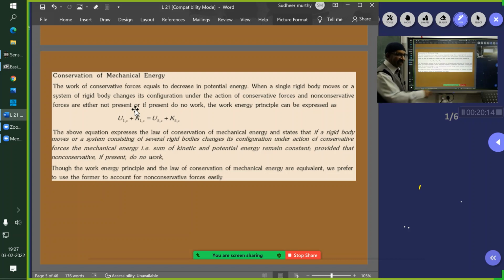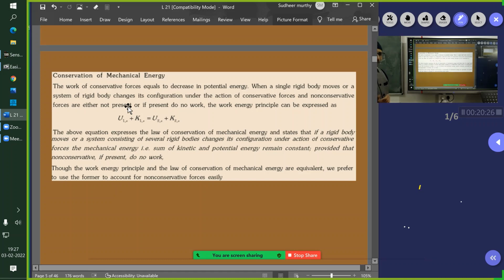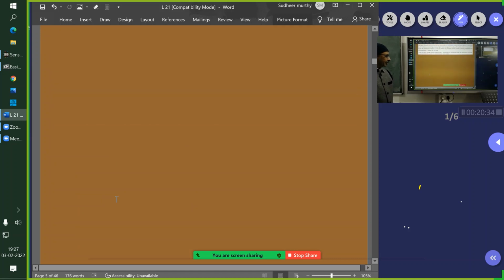It increased the translational kinetic energy, but it decreased the rotational kinetic energy. So please keep that in mind, because friction will also do positive work. It's not only that it does negative work.